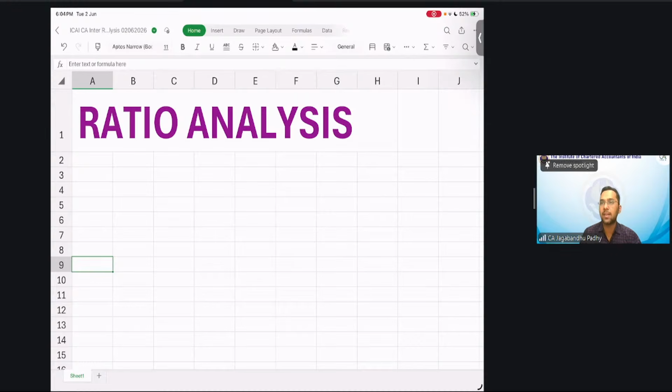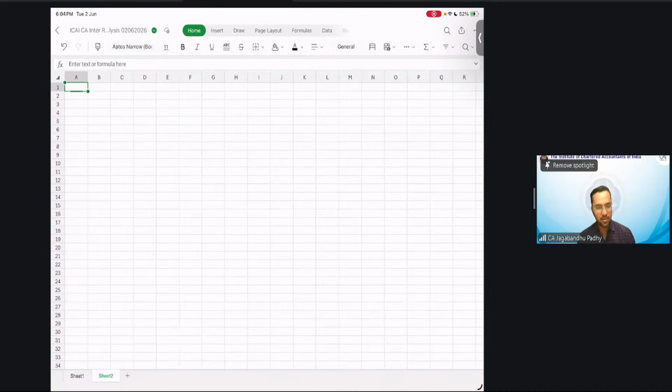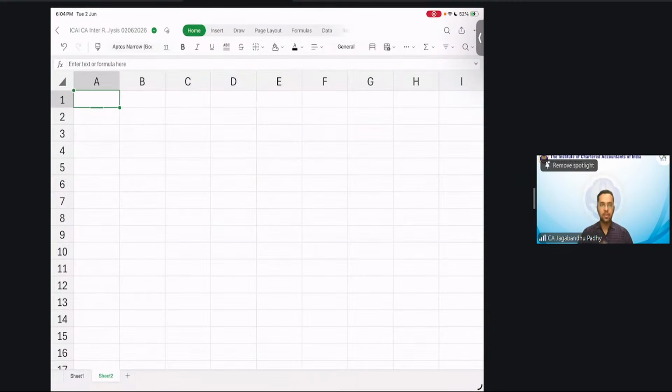Before we go ahead with the ratio analysis part, we will first get certain basic concepts clarified before we go into any sort of discussion about the ratios. So let us look at understanding the balance sheet in quite a different way.